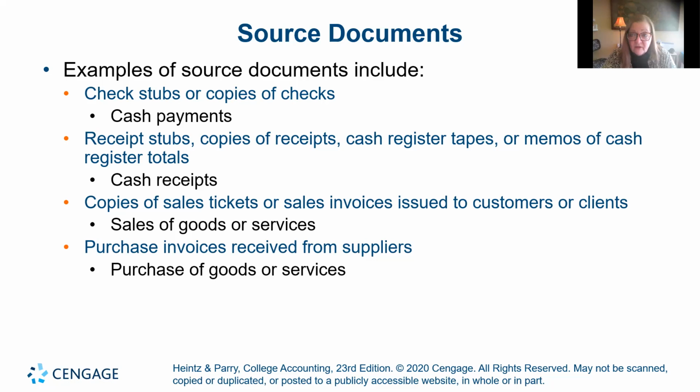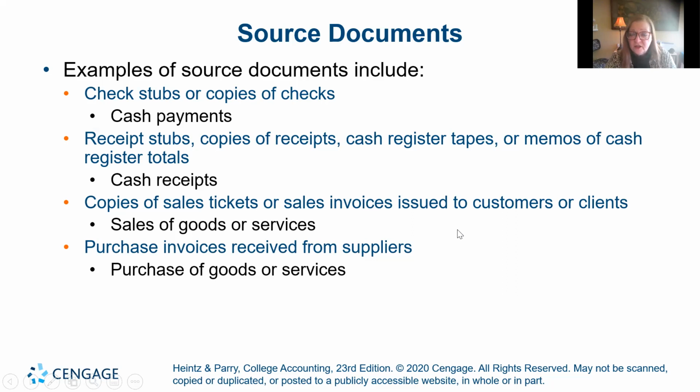Or you could also have records coming from the bank where you had included something with your bank deposit that shows the client's collection. So there's a lot of things that you could be using to either record or to cross-reference the records that you're trying to make. Either way, these are just some of the source documents you could use.